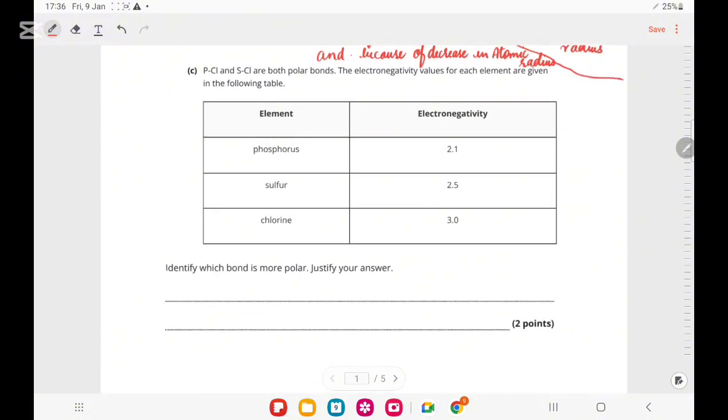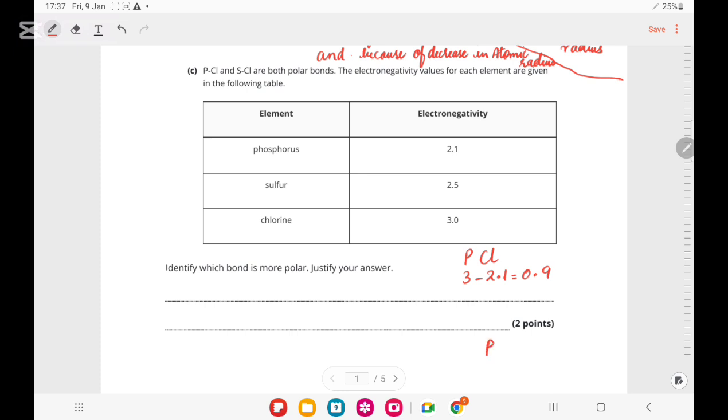Now they are saying P-Cl and S-Cl are both polar bonds. The electronegativities are given. They are saying identify which bond is more polar. So the more polarity basically lies on the fact which is going to have greater electronegativity difference. If we see P-Cl, its electronegativity difference is going to be 3 minus 2.1, that is 0.9.